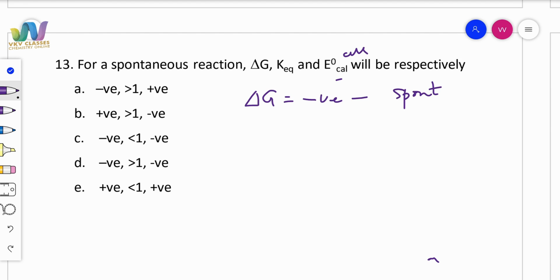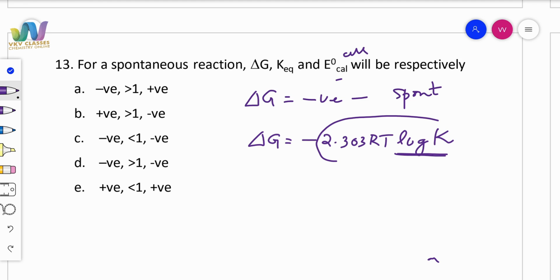Then we have a relation delta G is equal to minus 2.303 RT log K. So delta G depends upon the value of K. If K is greater than 1, log K will be positive, so delta G will be obtained as negative.